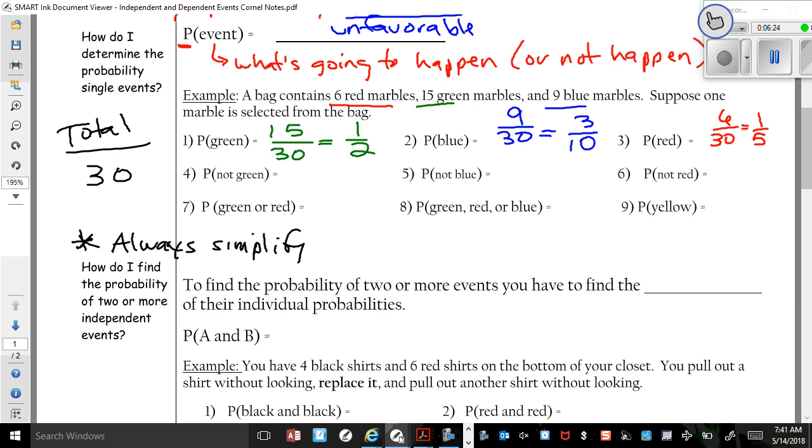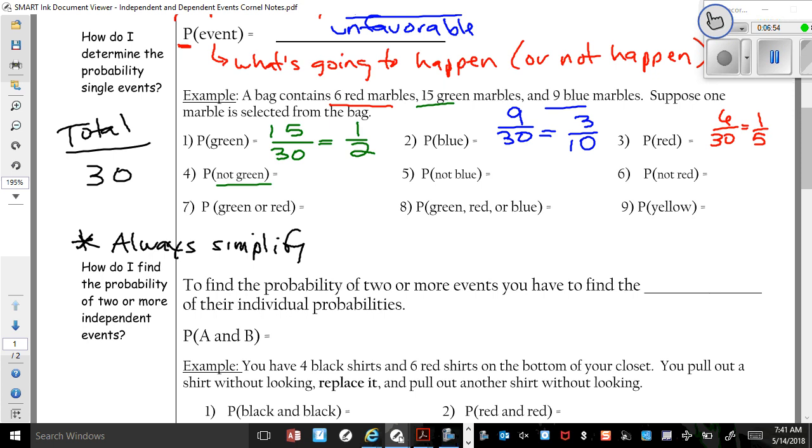Now, here's where it gets a little more tricky, and that's really the best way to describe it. Please read. It says the probability of not green. So what would you have to do? John? Wouldn't it be 1/2 again? Why? You're right.